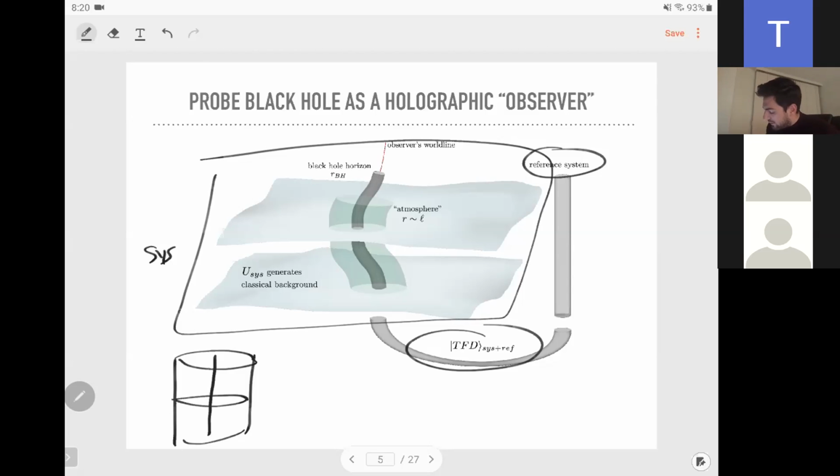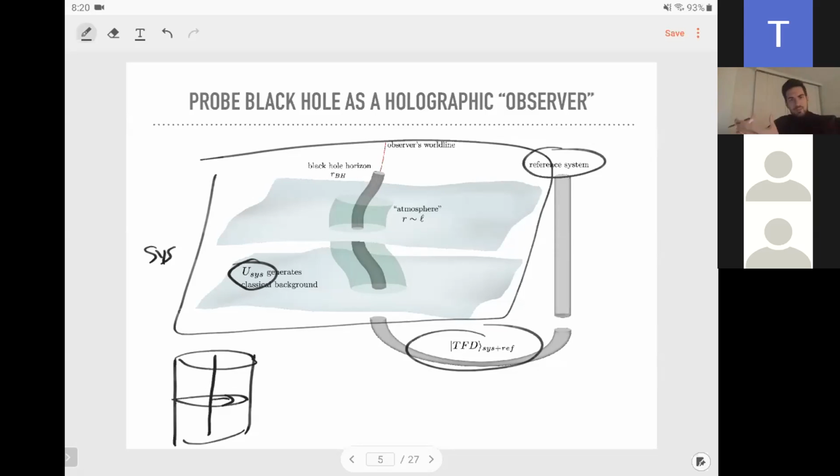We will start with this thermofield double state, and we will act on it with a unitary that acts only on the system side. And the role of this unitary is twofold. First, we will act with an AdS translation in order to move the black hole away from the center of AdS, to shift it out towards the asymptotic AdS boundary, in order to get it out of the way.